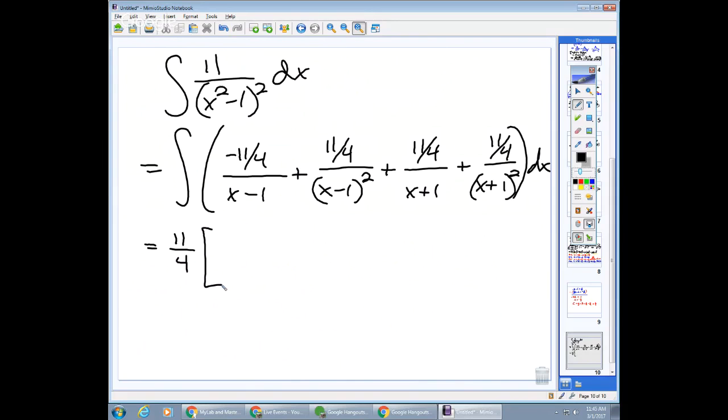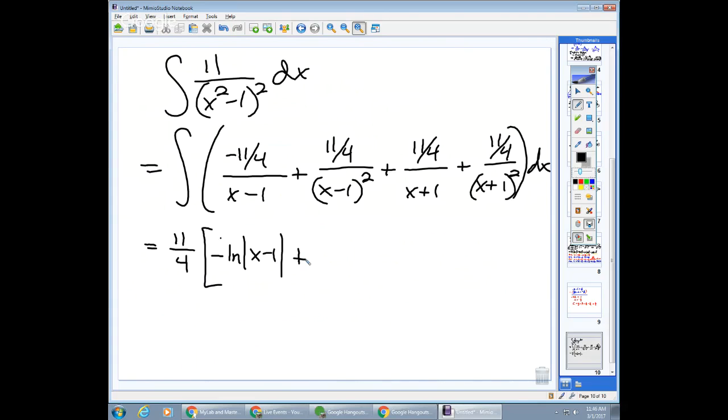Okay, the antiderivative of 1 over x minus 1 is the natural log, and we have a negative, yep. So negative natural log of the absolute value of x minus 1, plus x minus 1 squared is a lot like u squared, because the derivative of x minus 1 is just 1. So that's nice. And what's an antiderivative for u to the negative 2? Nope, wrong way.